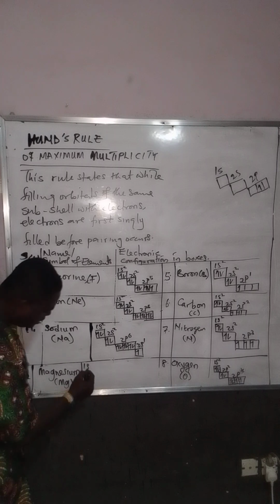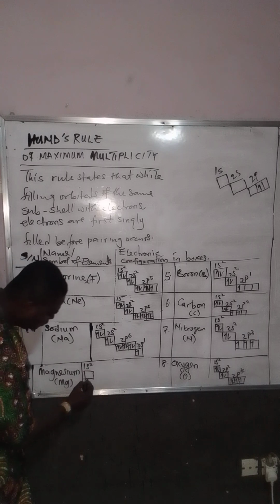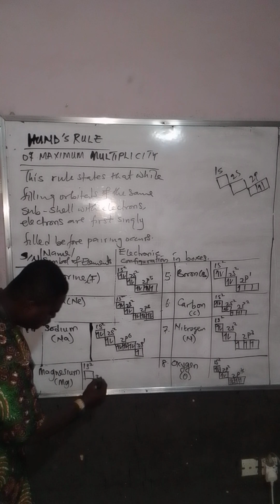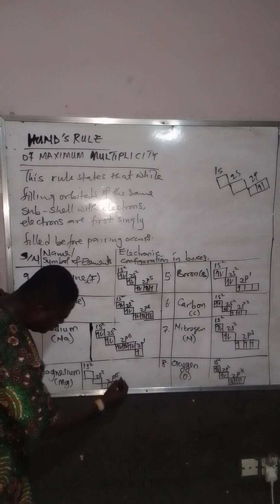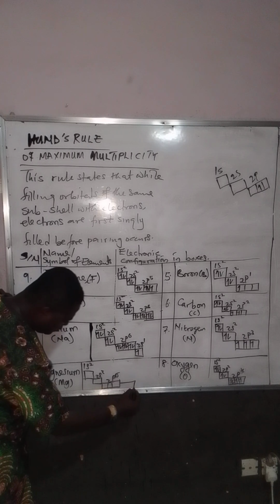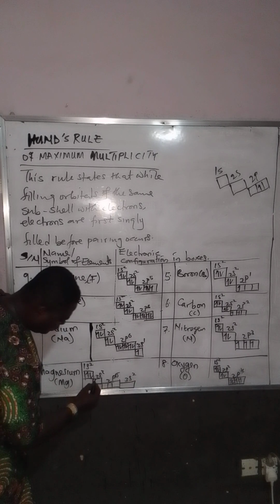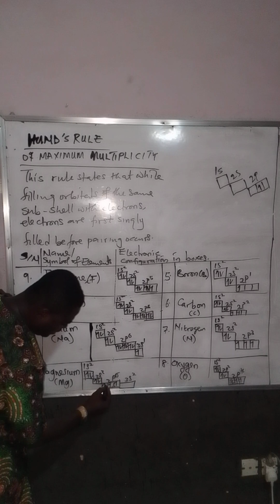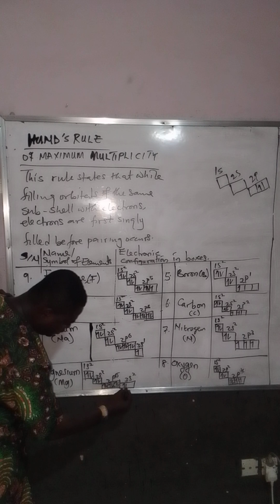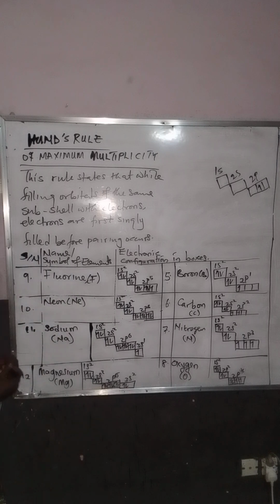So this is 1s2, 2s2, 2p6, 3s2. So I have this one. Fill singly before pairing. Then this one has 1, 2. So we are moving.